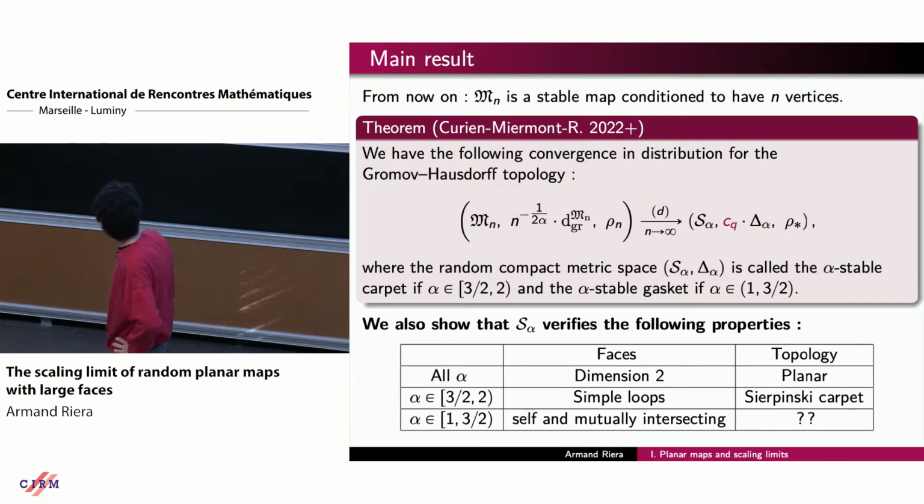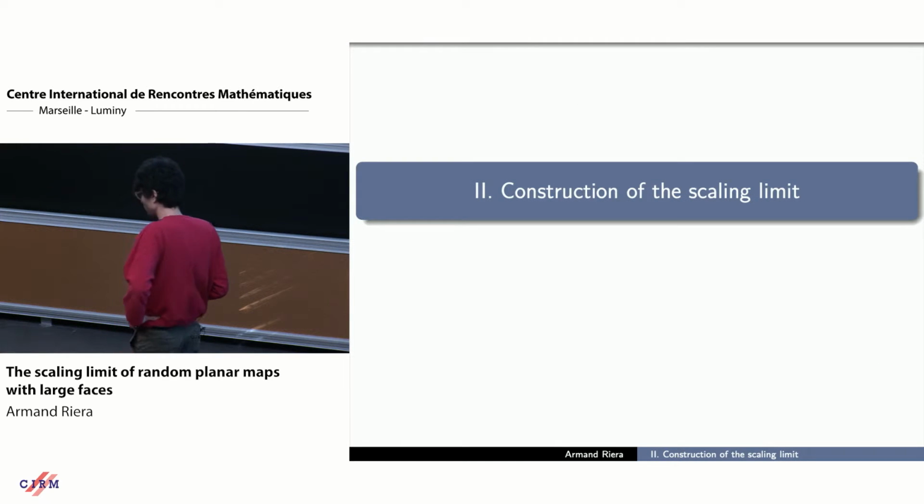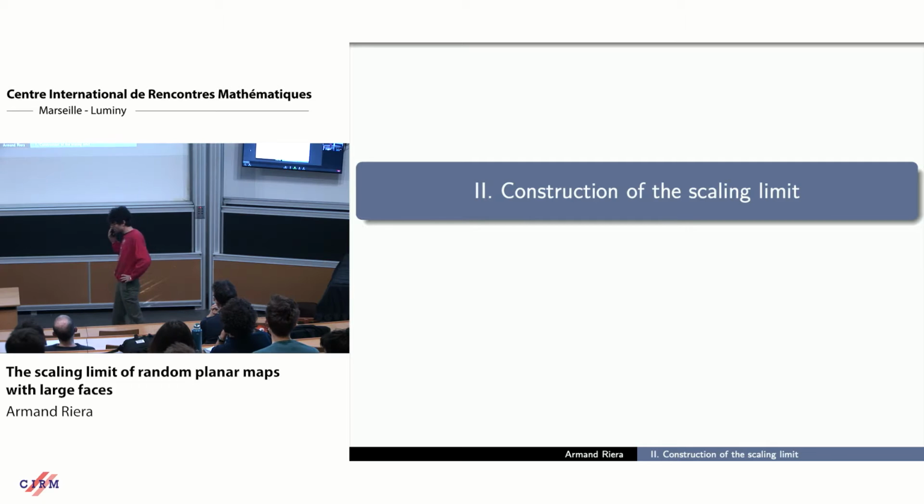Okay. And now, what I want to do is to explain who S alpha is and how we can construct it using canonical stochastic processes that we can really understand and that have some geometrical meaning. And the idea, as always, is to come back to the discrete setting and look at what is happening.